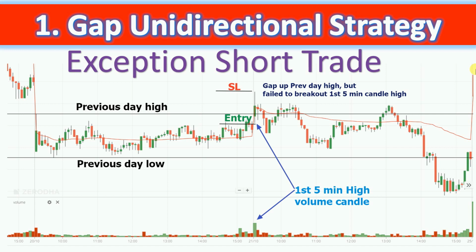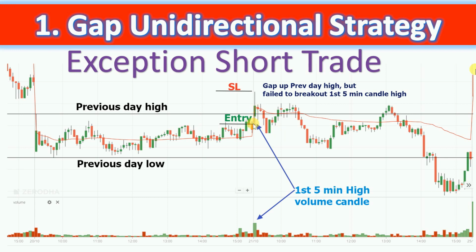Though this candle has closed above VWAP, it failed to go above that one. That means it failed to follow through on that candle and it closed within the range of the previous day. Thus, it is indicating that this gap up is not sustained and market participants want to take the prices lower.